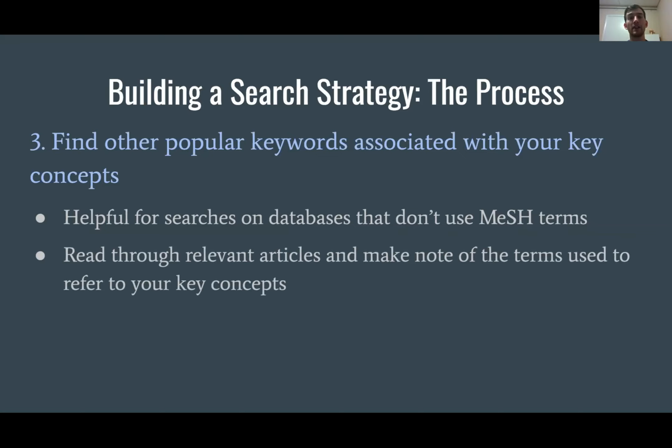The way we're going to find our popular keywords is to read through some relevant articles and note the terms used to refer to our key concepts from before. By noting these terms, we're going to figure out what terminology people are using in different published literature to refer to our key concepts, and we don't want to miss any of these when we do our searches.